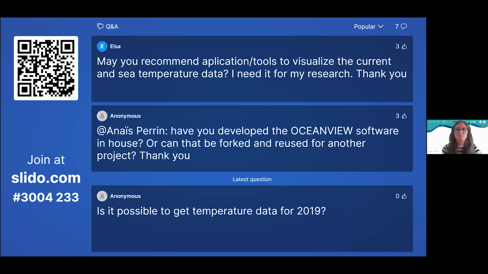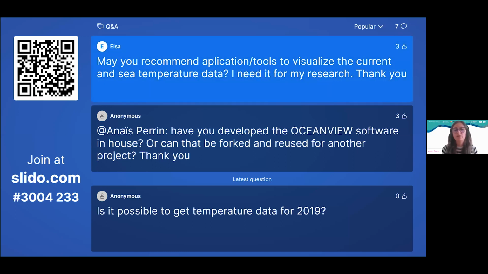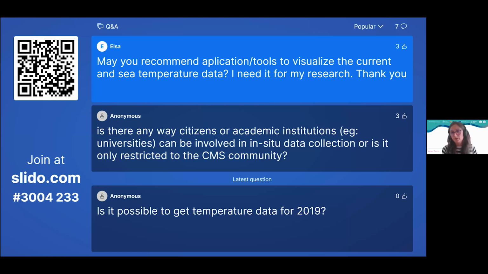Okay, first question for you, Anaïs. May you recommend an application tool to visualize the current and sea temperature data? You can use the MyOcean viewer, but you also can display your data on QGIS. For example, we also have some articles on how to display the current on Python.